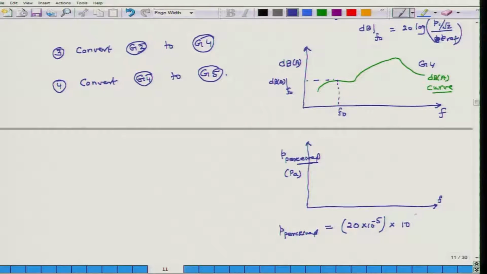This is dBA at f naught divided by 20, and this P perceived will be the RMS pressure, and what I want is times 1.414. So, I will get the peak pressure. So, this is the perceived pressure at its peak value, understood?